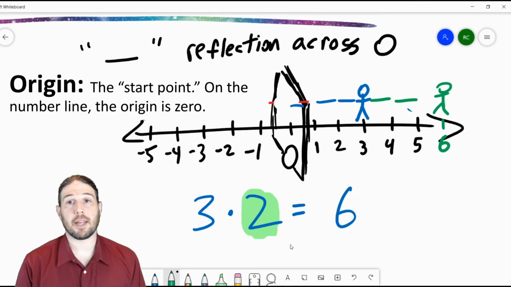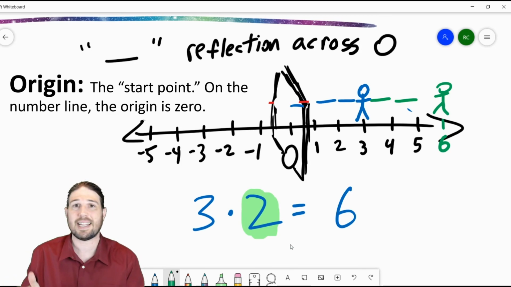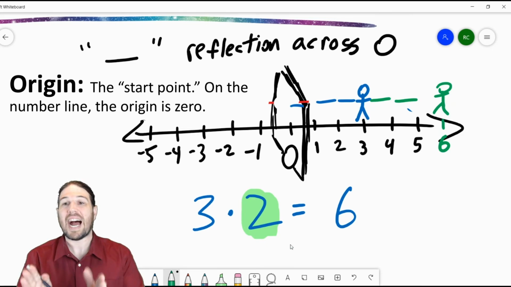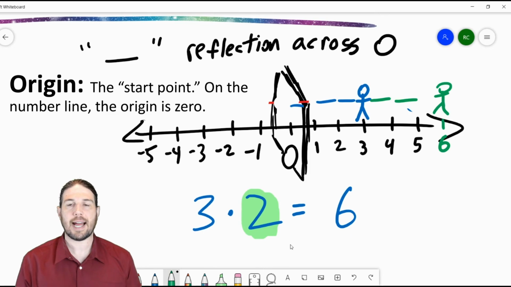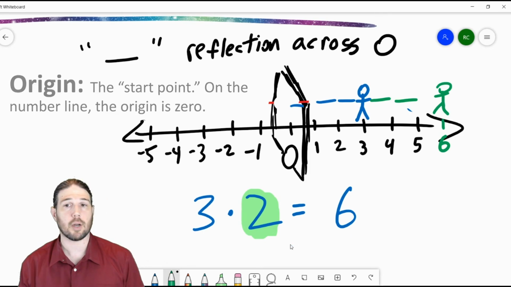If I was multiplying 3 times 3, I would triple the distance and get 9, right? If it was 3 times 10, I would take the distance and multiply it by 10 and get 30. So when I look at multiplication, I think of it as a stretch or a compression away from 0.